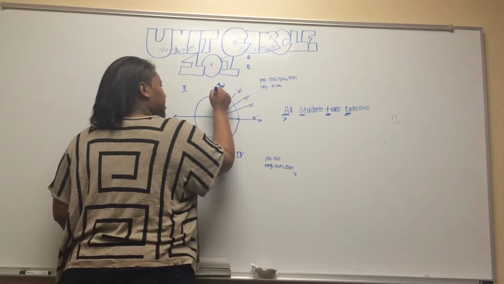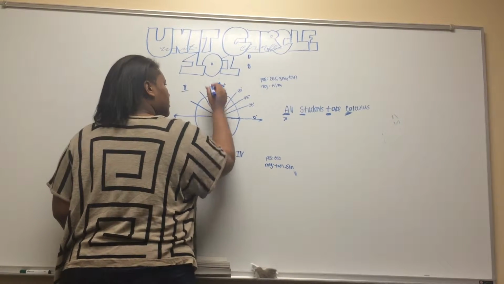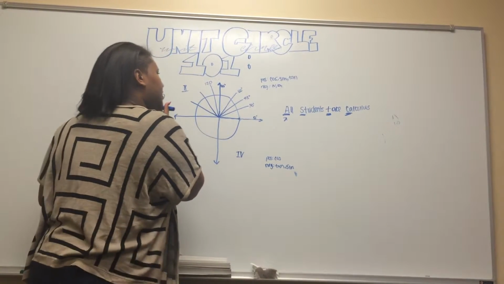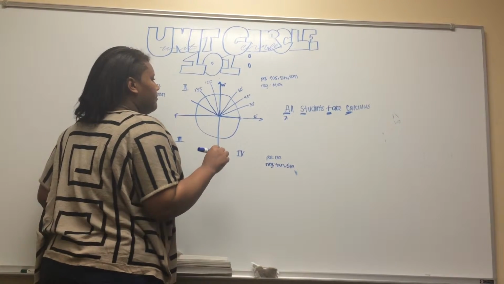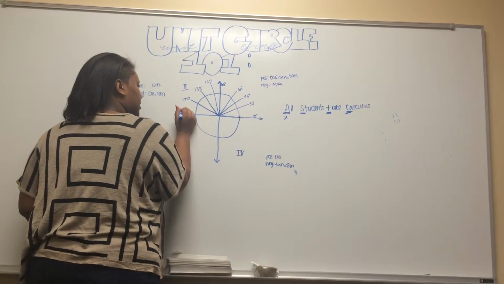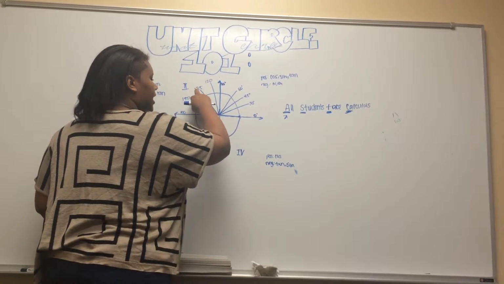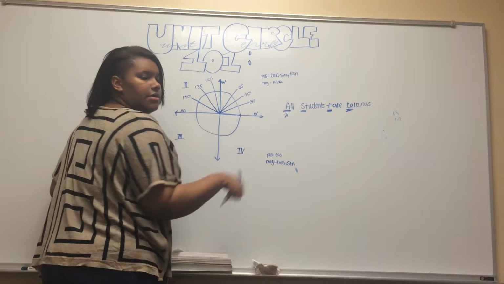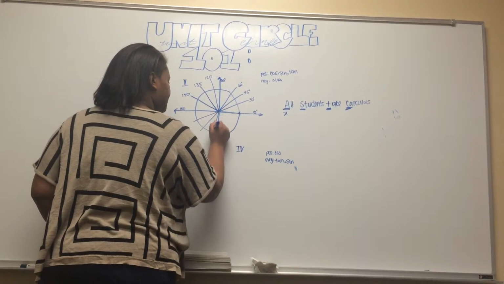And then you would continue: 120 plus 15 is 135. 135 plus 15 is 150. And this is 180. The smaller gaps are 15 degrees apart and the bigger gaps are 30 degrees apart. And then you will continue that throughout the unit circle.